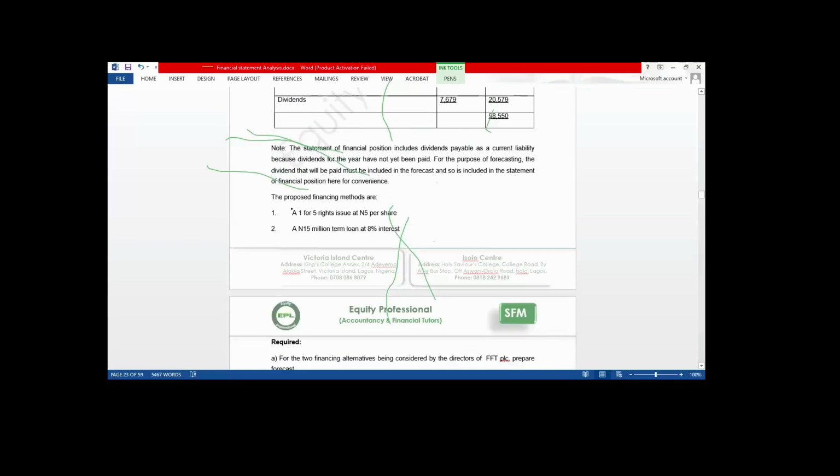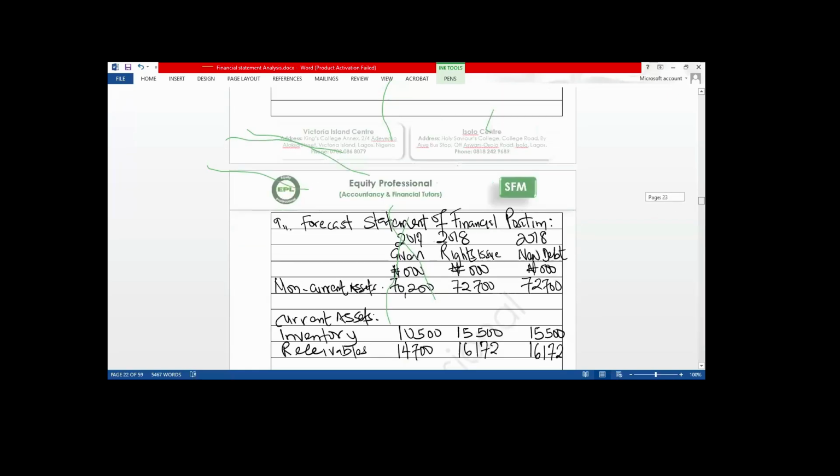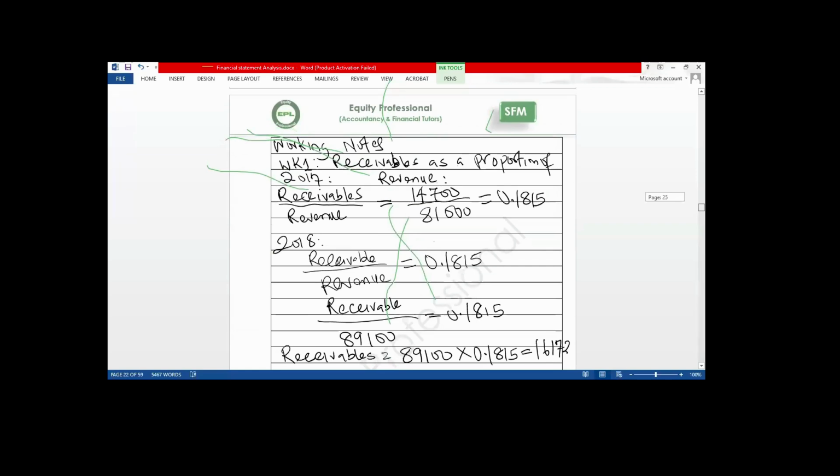Look at it, please. The proposed financing methods are 1, look at 2. 15 million term loan at 8% interest. That means the new interest is 8% of 15 million. Please compute 8% of 15 million. 1,200.